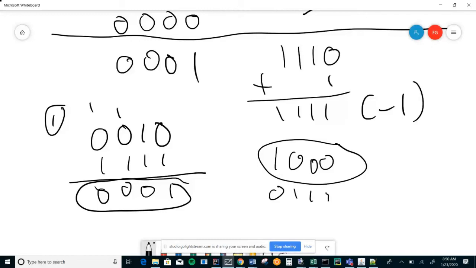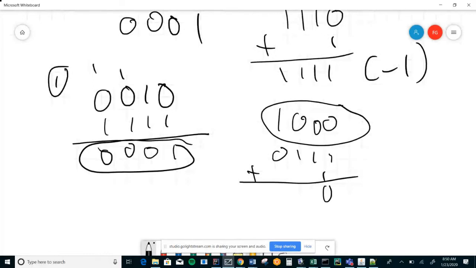So I go 0, 1, 1, 1, plus 1, and 1 plus 1 is 0, carry a 1, 1 plus 1 is 0, carry a 1, 1 plus 1 is 0, carry a 1, 1 plus 0 is 0. So if I negate 1, 0, 0, 0, I get that same value back. It's kind of awkward.